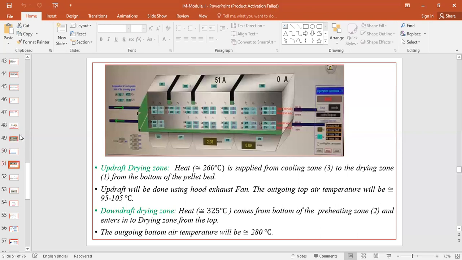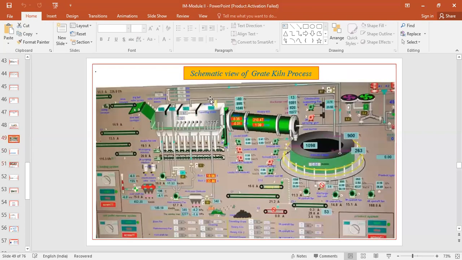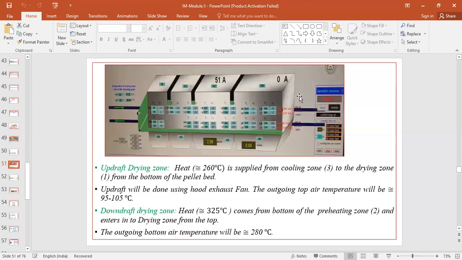Whatever I have discussed here, I have just taken the kiln, the grate part, and extrapolated it here. So you can see this one is the updraft drying zone, this particular chamber, where the heat is supplied from cooling zone 3.